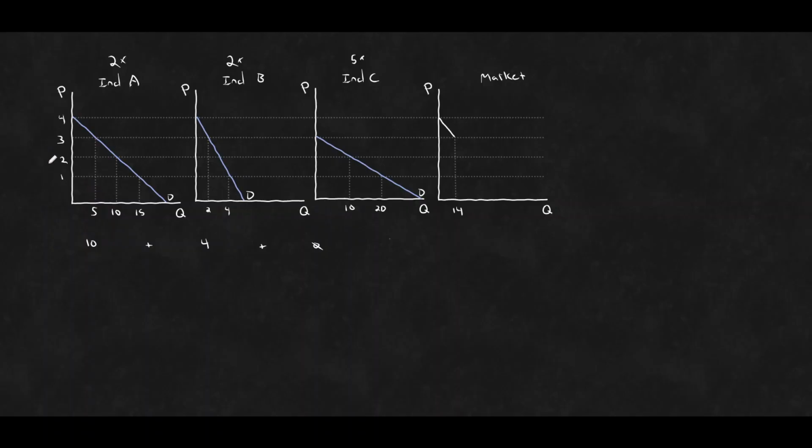What is at 2? Well, at 2, type A has 10. So 10 times 2 gives us 20 altogether. Type B at a price of 2 has, oh, I didn't draw this one down. Let's update that. Let's say that's 3. So at 2, we have 3. There's 2 of them, so that's 6 altogether. And type C at 2 has 10.